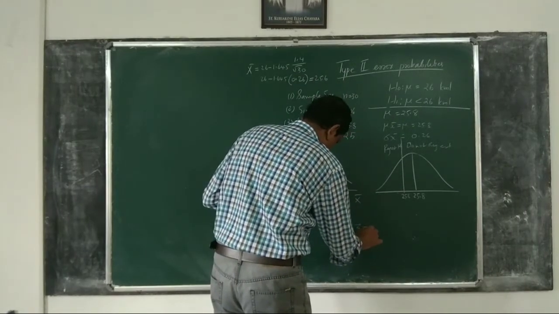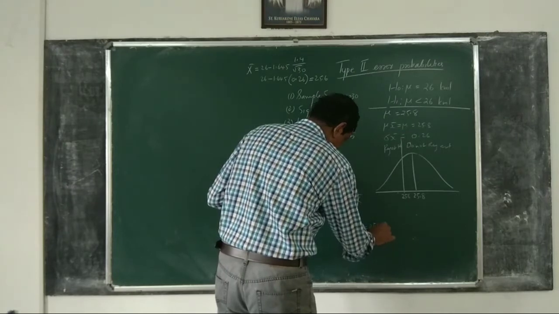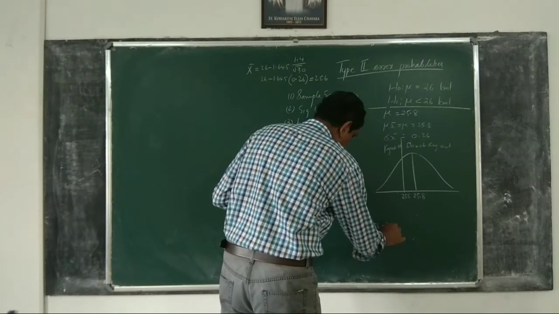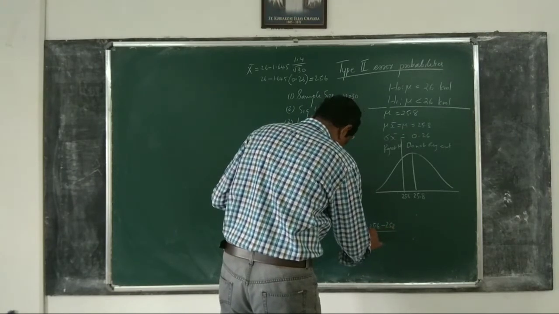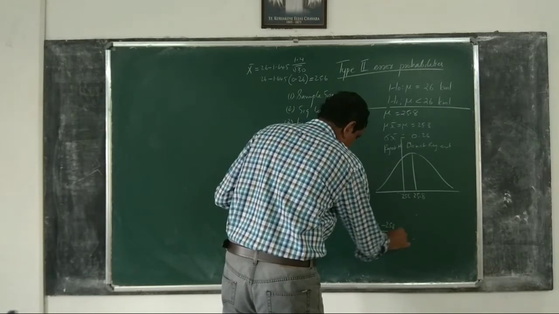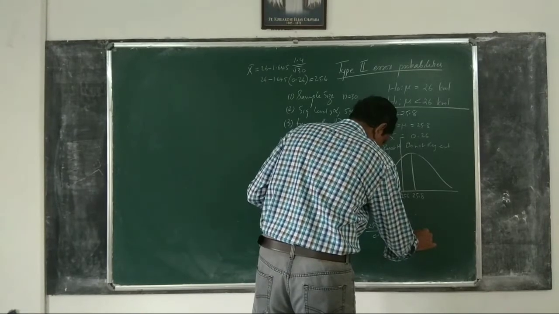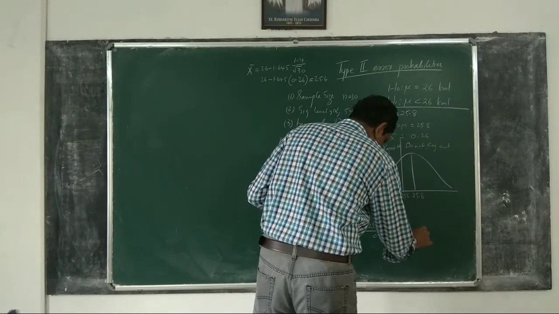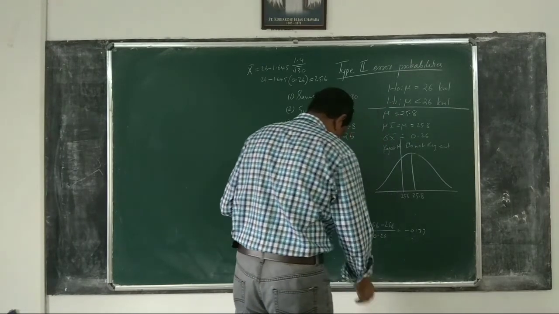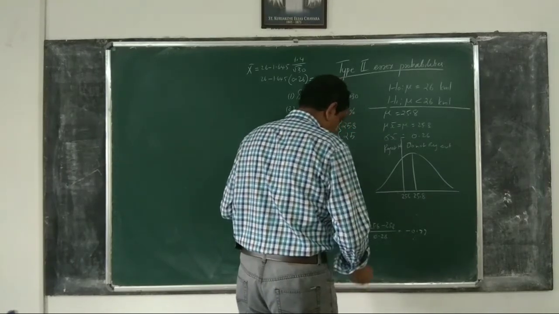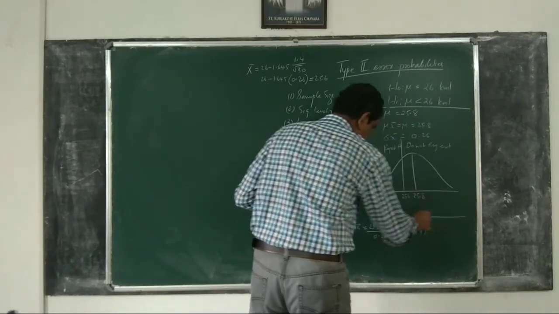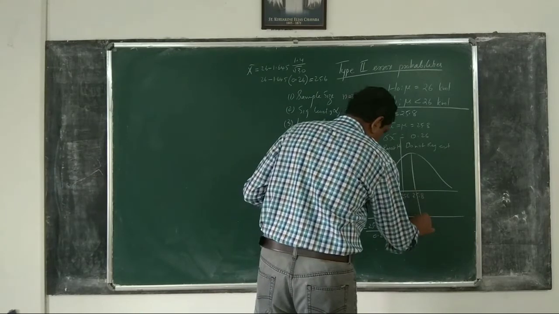Z is equal to 25.6 minus 25.8 by 0.26 is equal to minus 0.77. And in terms of Z, this value is 0.